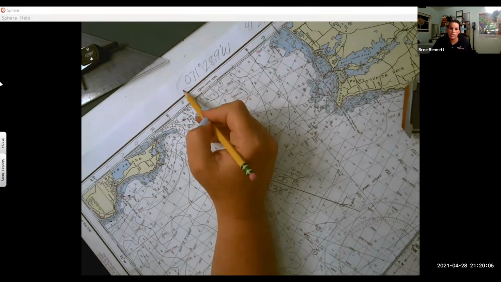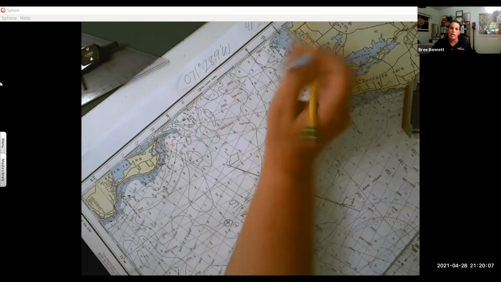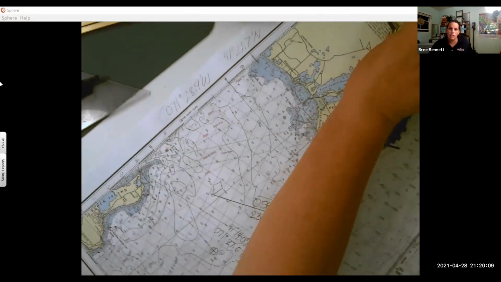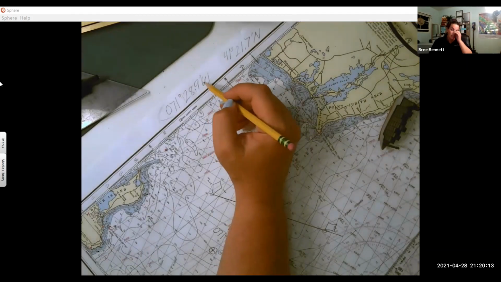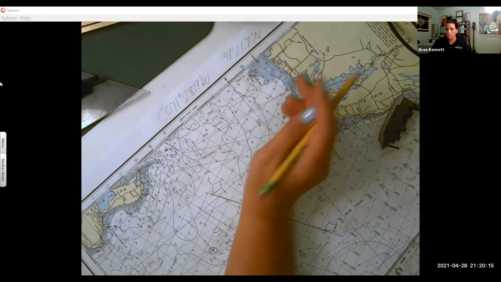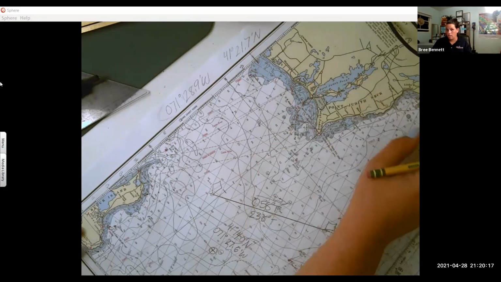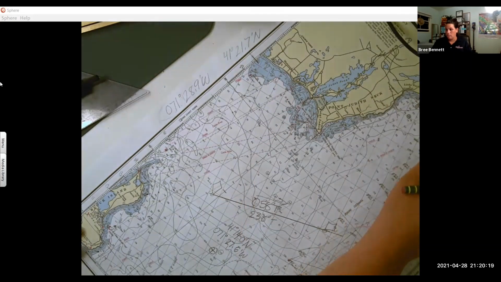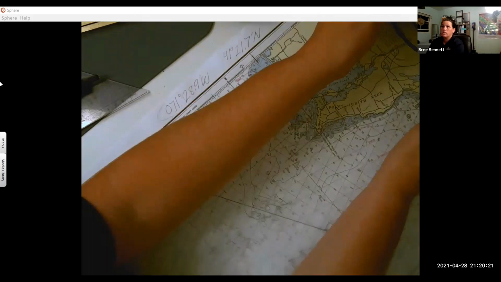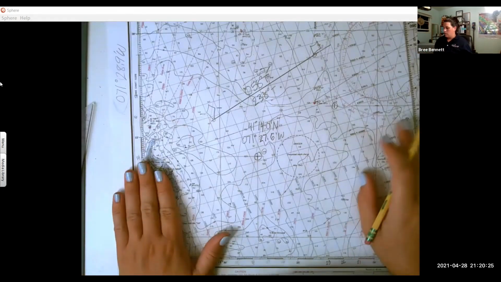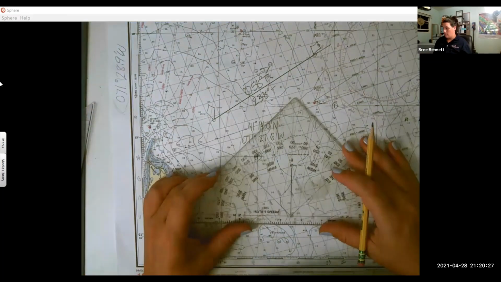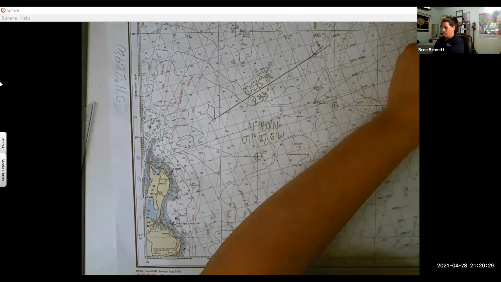That way we know that that one's longitude and that one is latitude. We also put our placeholder of east or west and north and south. Okay. So that is number 1 on the latitude and longitude.